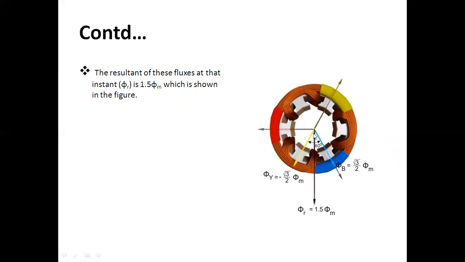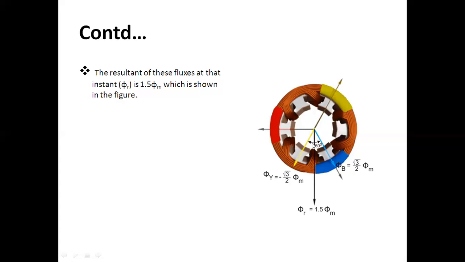So this is phi b, that is root 3 by 2 phi m. This is phi y, that is minus root 3 by 2 phi m, and they are separated by an angle of 60 degree.